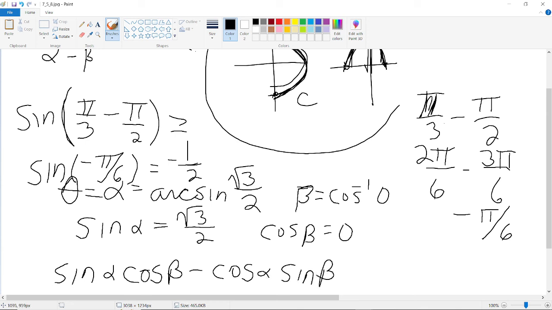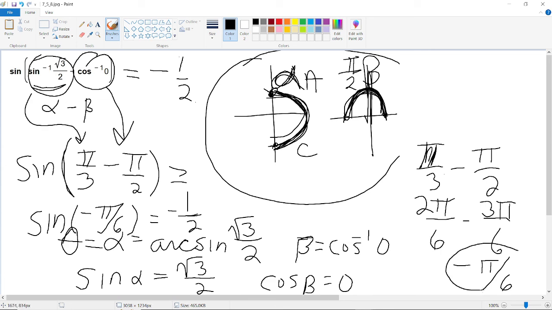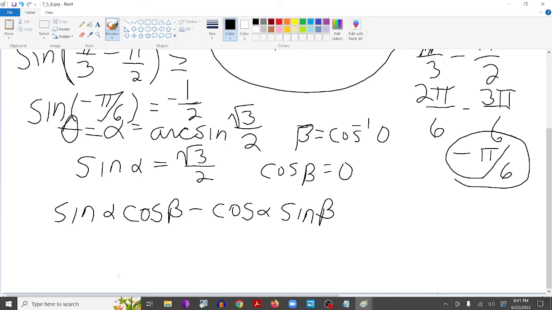But since these two angles that we found, some angle has an arcsine of square root of 3 over 2, and that angle is pi over 3 according to the unit circle, and then some angle has a cosine of 0 here in the domain of arccosine, and that's pi over 2. Since those angles added up to an angle that's right there on the unit circle, we don't have to go through this formula.